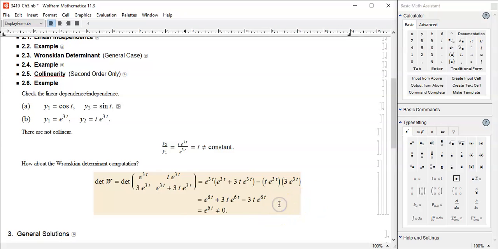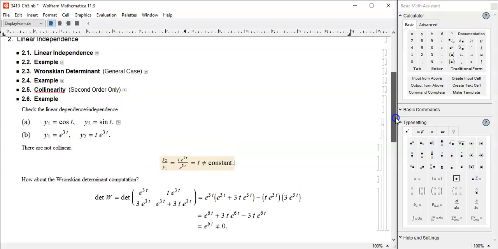However, do we prefer this computation or this computation? I don't know about you, but in my experience, every single person preferred to check collinearity rather than Wronskian determinant. I certainly did it when I was a student, and I have never seen anybody else who'd prefer to do it this way, except for textbook authors.